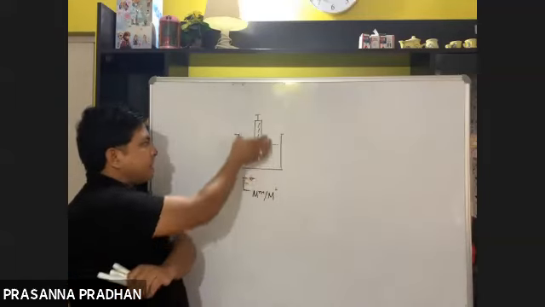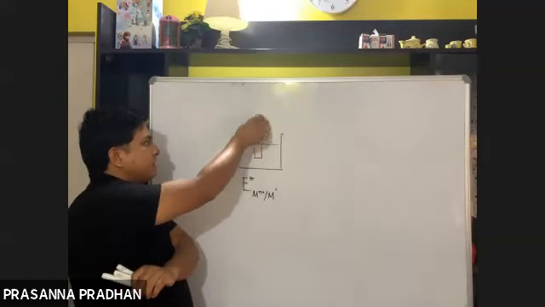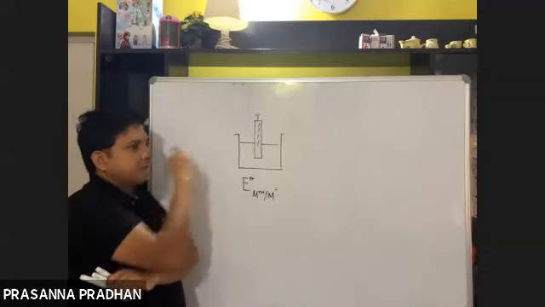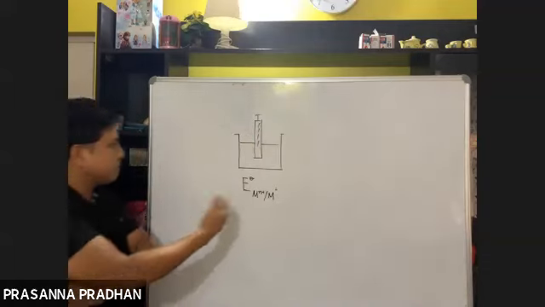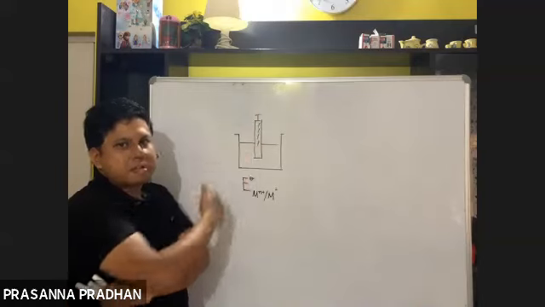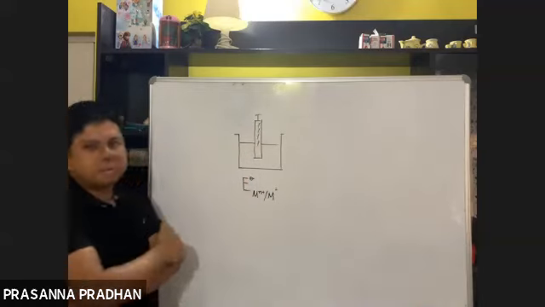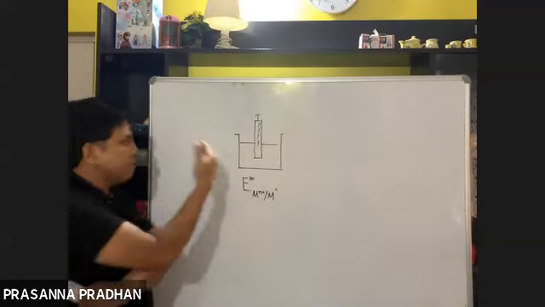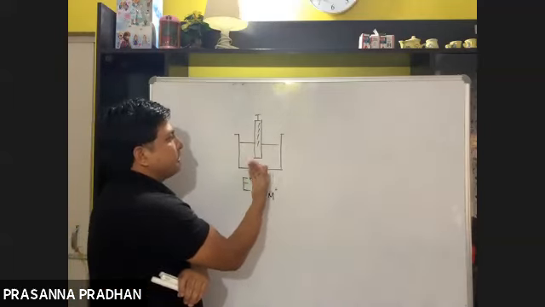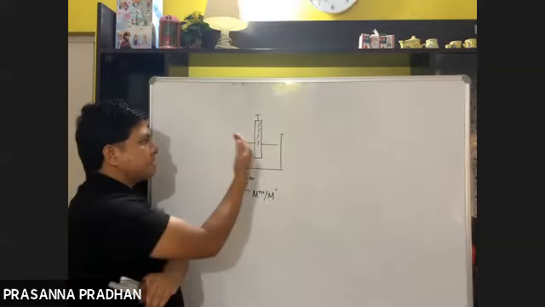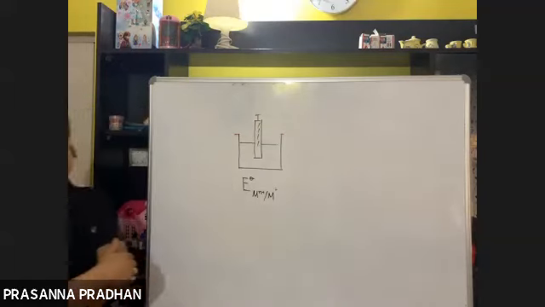If I just place this half cell out here and try to measure the reduction potential with the help of some voltmeter, it's not possible because this will not work on its own. In order to work, this must be coupled with another half cell.